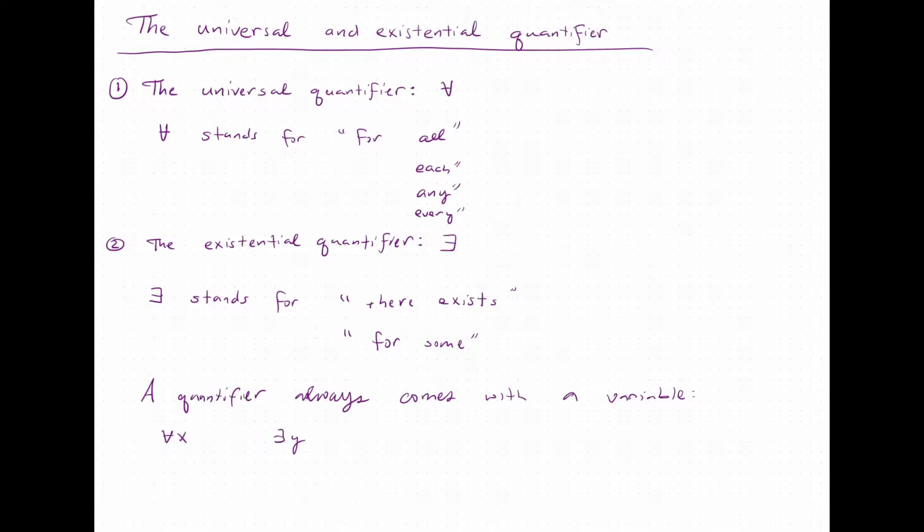So for example, let's go ahead and say that the universe of discourse is R, the real numbers. And let's consider the following. We're going to write: for every x, there exists some y such that x is less than y.